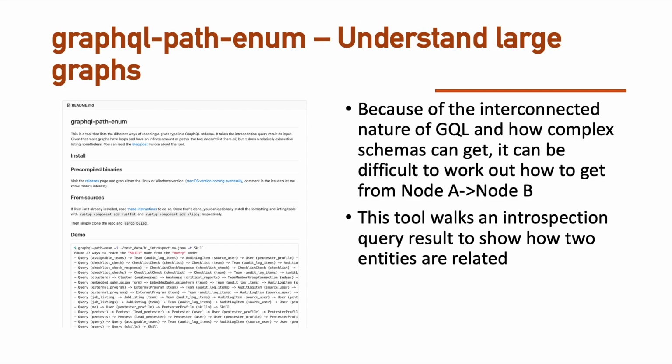Now, because of the way GraphQL works and how complex and interconnected these graphs get, it can be difficult, especially if you're dealing with something large like Spotify or HackerOne, to see how the data actually gets from one node to another, because there are quite a lot of ways of getting to two different places.